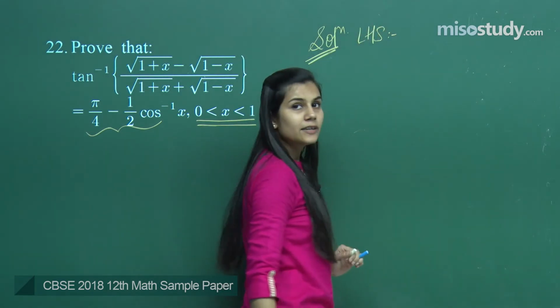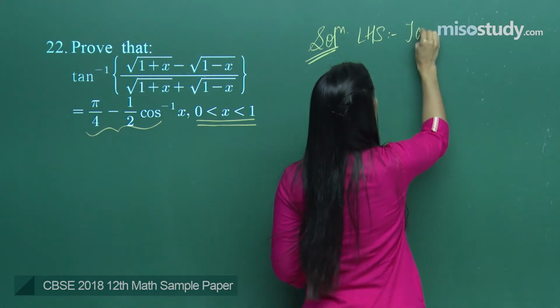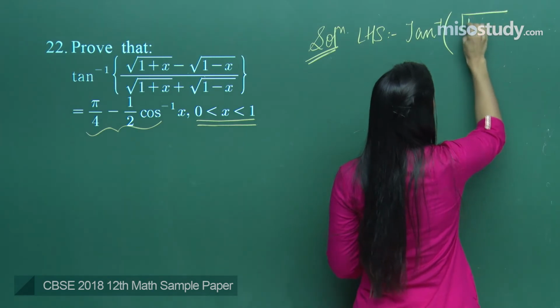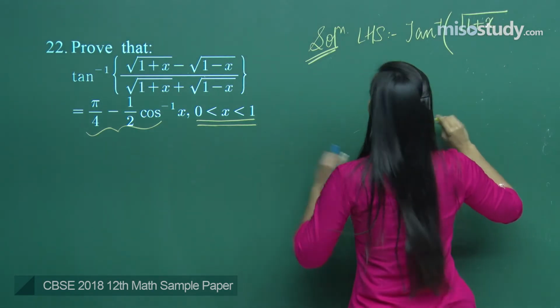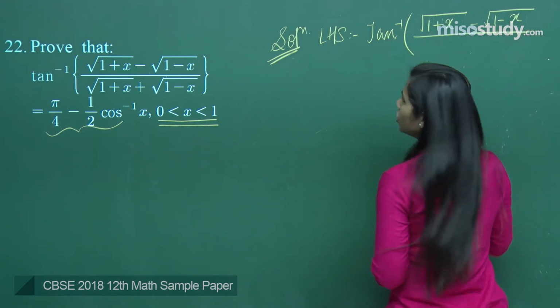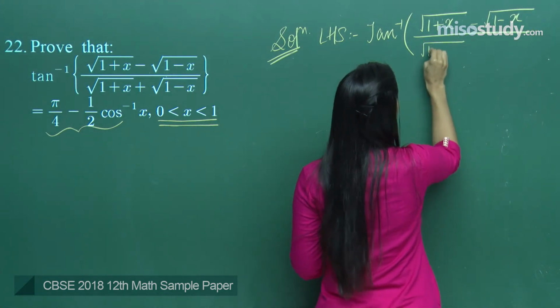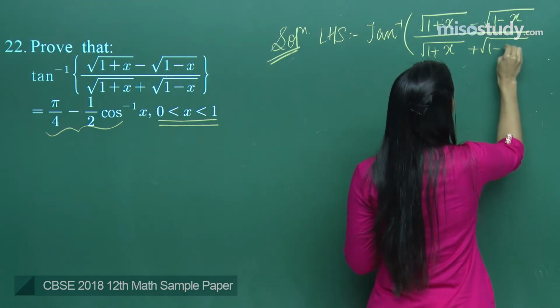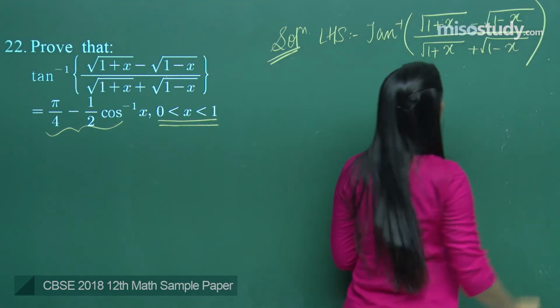So left hand side if I copy, which is tan inverse of under root 1 plus x minus under root 1 minus x whole upon under root 1 plus x plus under root 1 minus x.